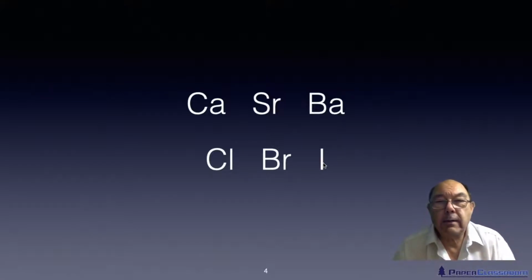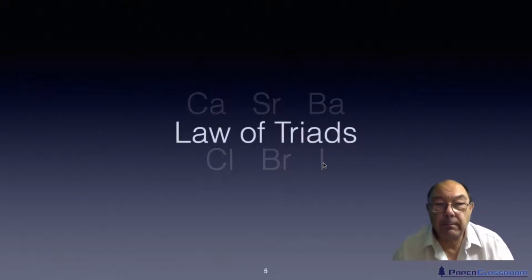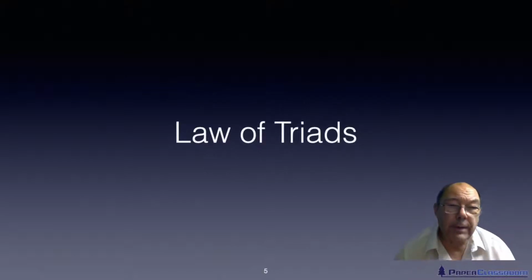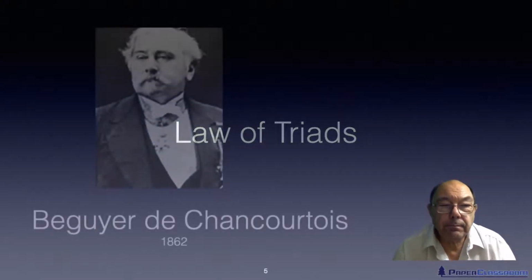Well, that idea lasted for a while. People found other groups of three, but then they started finding groups that were larger than three. So this law of triads, which lasted for a good few years, we discarded because we found a better law.